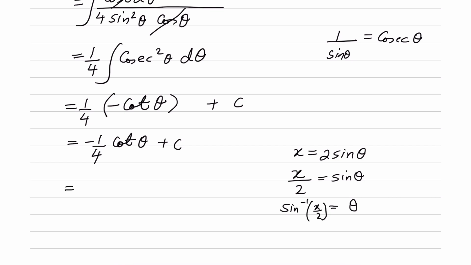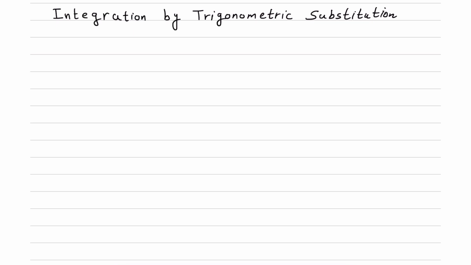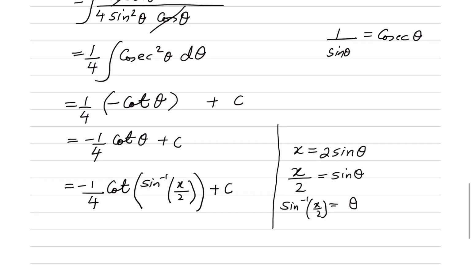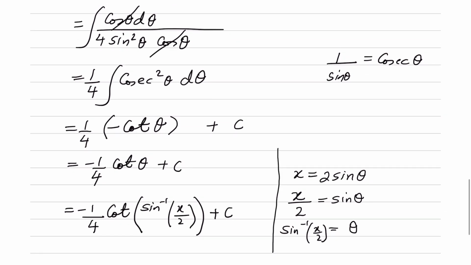Let's plug in the value of theta here. Minus 1 over 4 cot of sine inverse x by 2 plus some constant. So this is how we have used trigonometric substitution to find the answer of this integral.